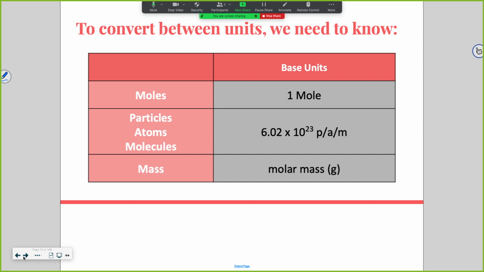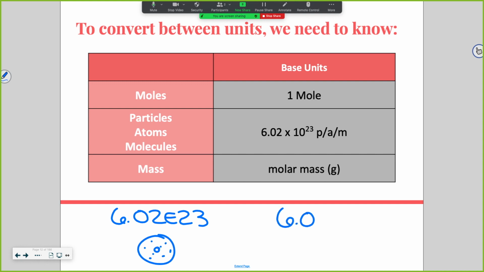Because in the video they use donuts and basketballs. So if I had 6.02 E23 donuts, here's my donut. I'm going to give it some sprinkles. And then I had 6.02 E23 basketballs. Do they weigh the same?